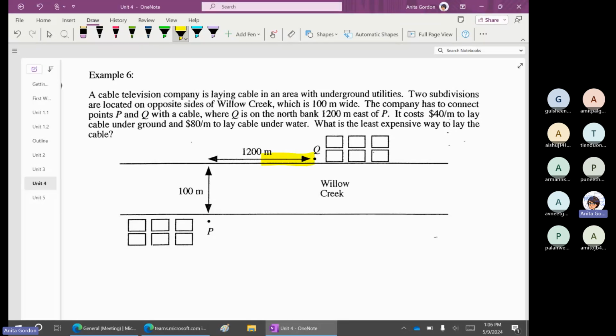Now it could be, let's run it into the ground here and then run it under the water here. That's totally a possibility. However, there is a chance that we connect it somewhere here, where part of this is on land and part of this is in the water.